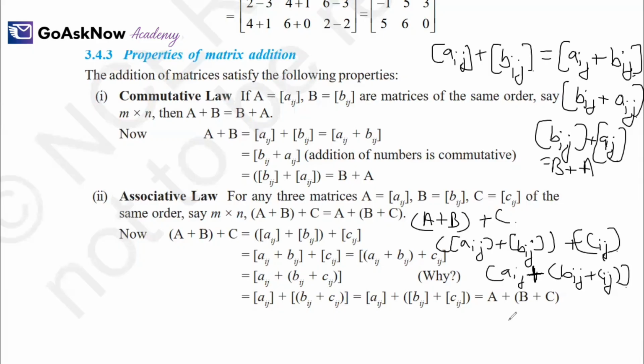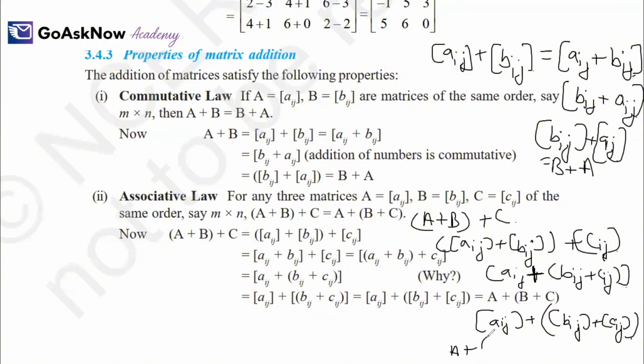And after doing it in the form of Aij plus, inside bracket you can write Bij separately plus Cij. Okay, just add them like this. So this is showing what?